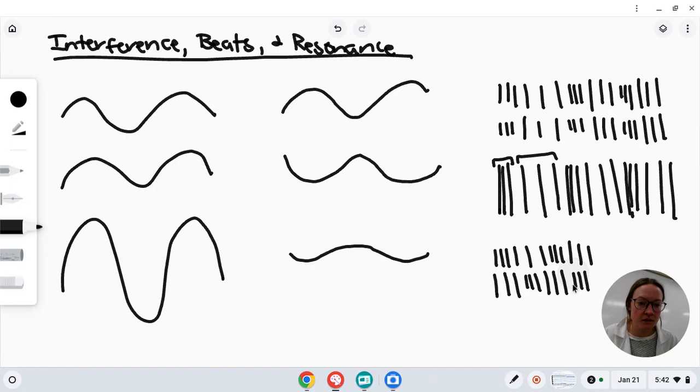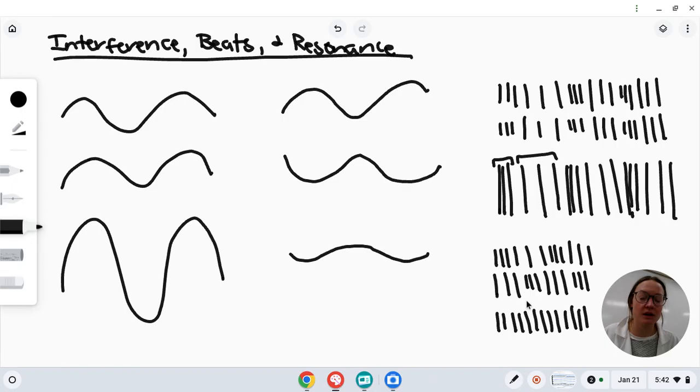If you had compressions lined up with rarefactions and rarefactions lined up with compressions, you would get destructive interference, and the resulting wave would look kind of more like this. All nice and evenly spread out here instead of having regions that are really super compressed and regions that are really not that compressed. You would have an even compression everywhere, and we'd call that destructive interference.